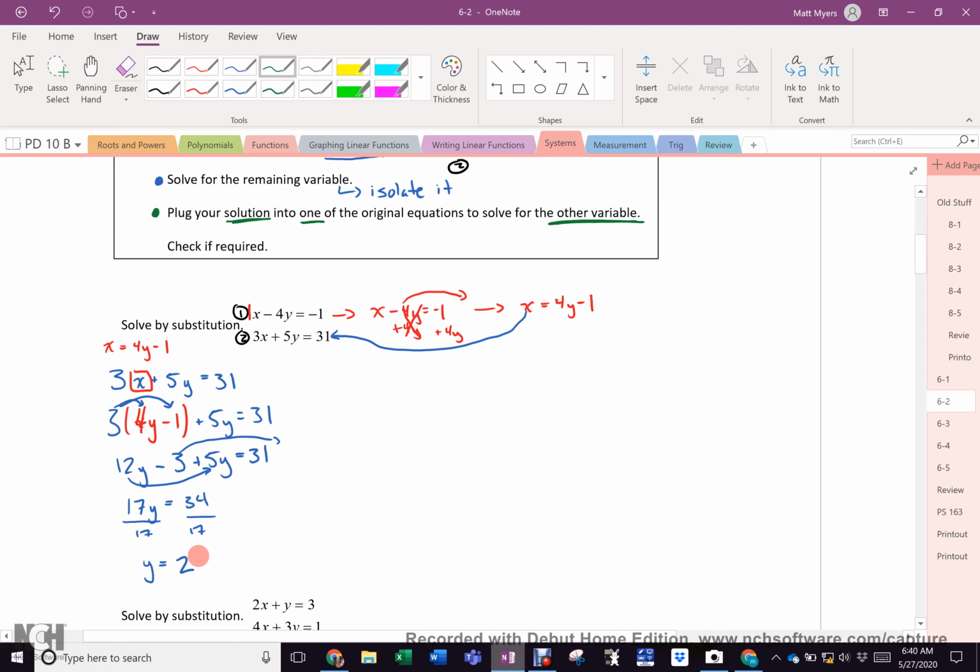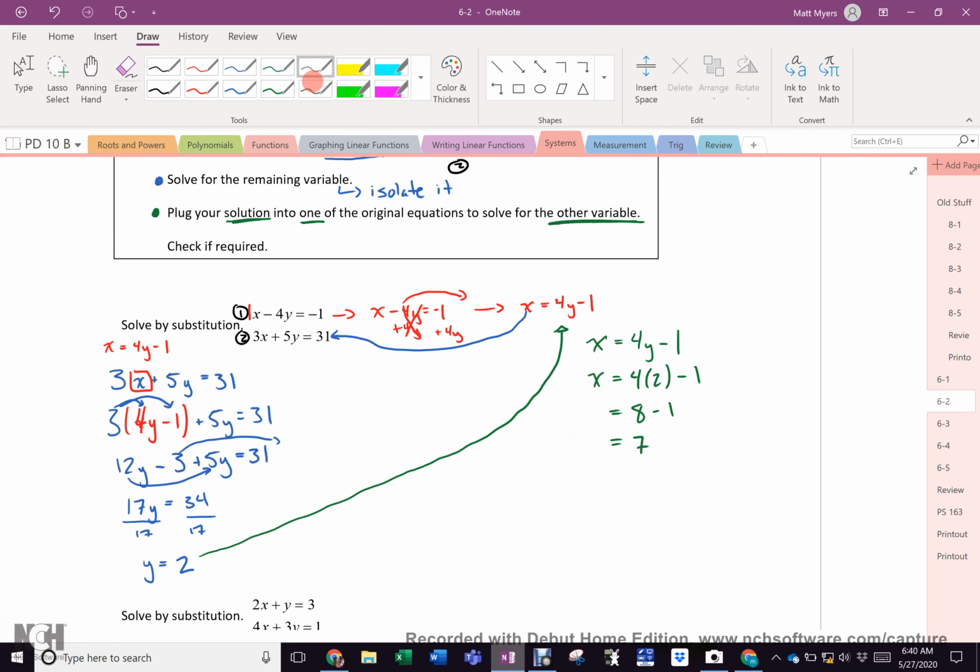But I do know what x is because if you follow the green arrow, x equals 4y minus 1. But y equals 2. So x equals 4 times 2 minus 1, which is 8 minus 1, which is 7. So now I know x is 7, y is 2.